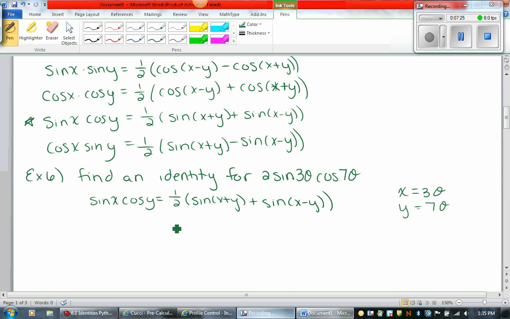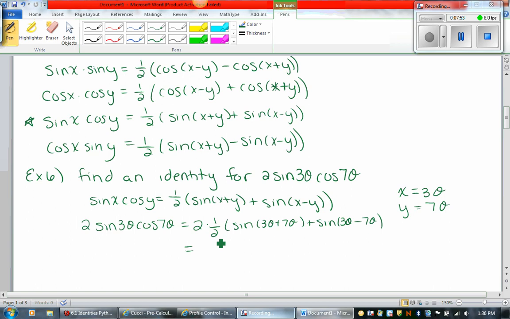So we're going to plug directly into that. Now, since our original was 2 times, we have to make sure that we also multiply the whole identity by 2. Okay, so 2 times 1/2 sine of 3 theta plus 7 theta plus sine of 3 theta minus 7 theta.